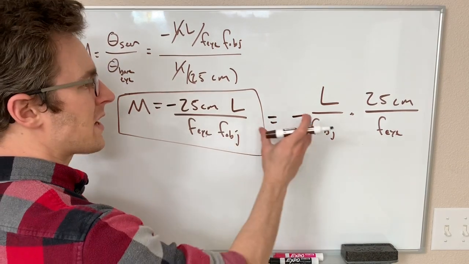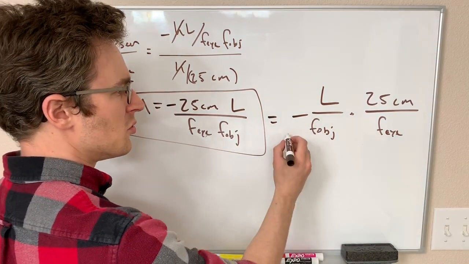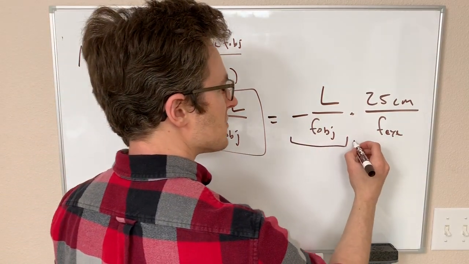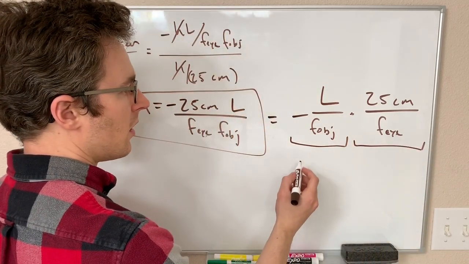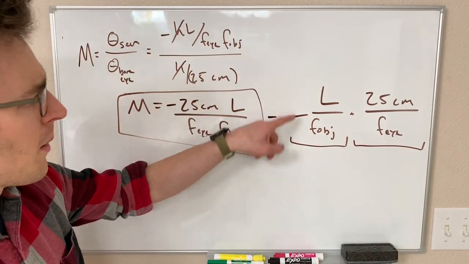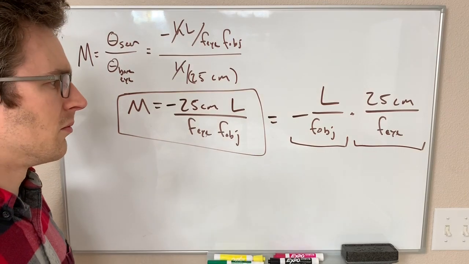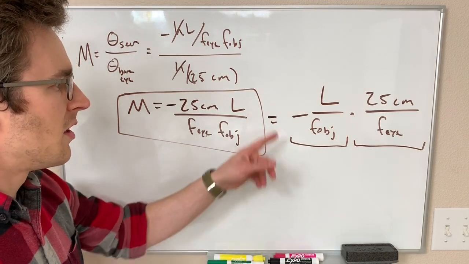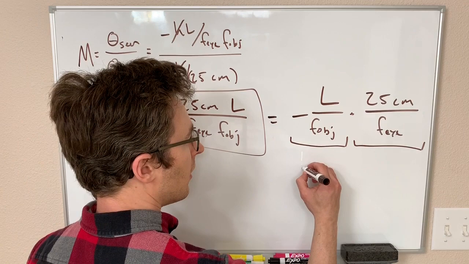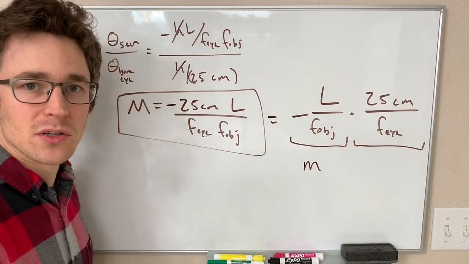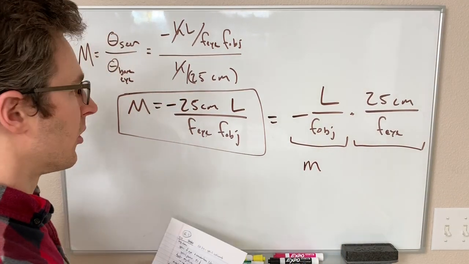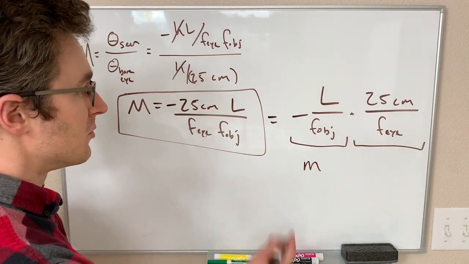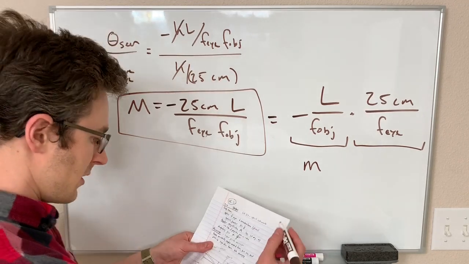And now our magnification, we can kind of see, is made of two different pieces, right? This one on the left, minus L over the focal length of the objective lens, this is actually just our lateral magnification, lowercase m, that we learned before, for the objective lens side of the system.